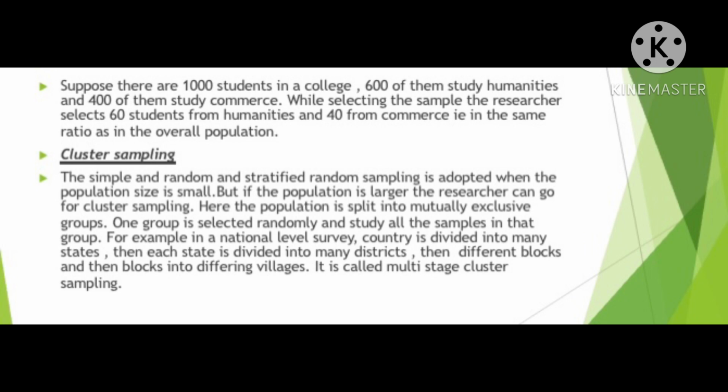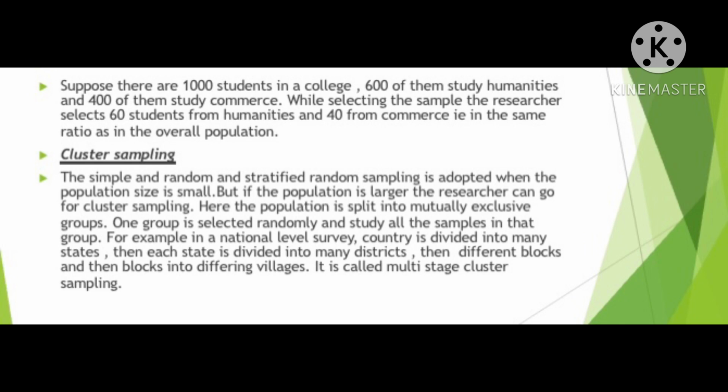Each village is a cluster, we can say. So then whenever we are doing the study, we are not selecting again few subjects from the village, nothing like that. We are selecting a village randomly, or one or two villages randomly, and we are doing the study on the entire people, all the people we are taking.